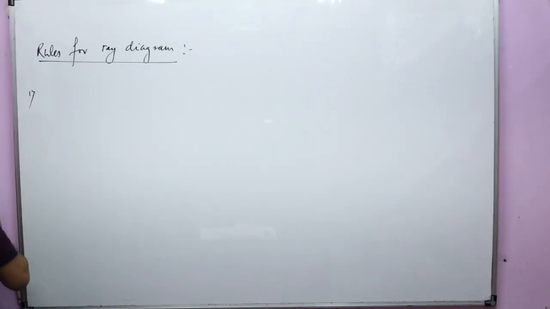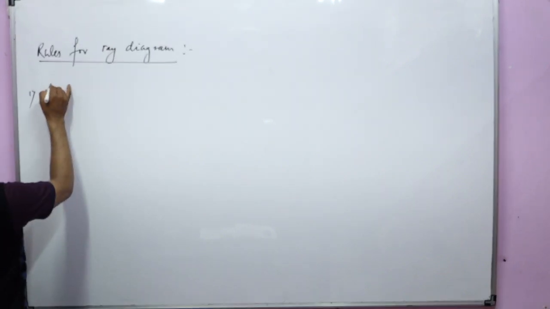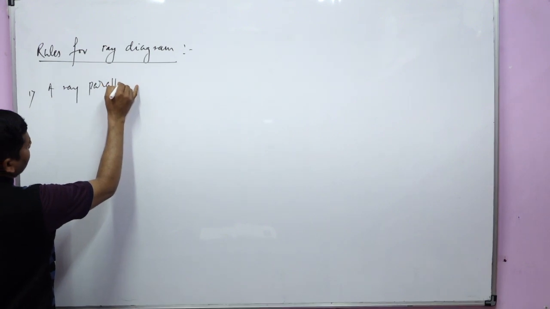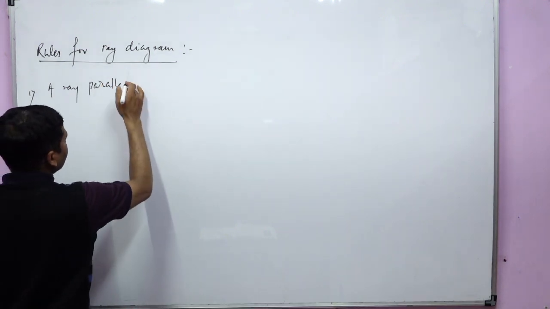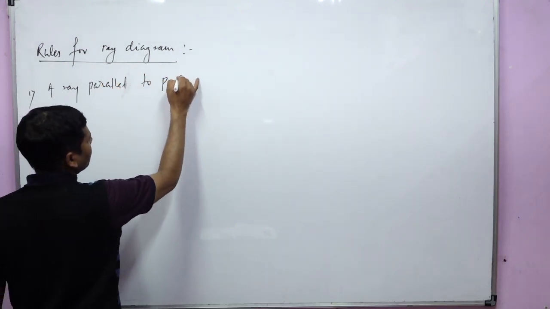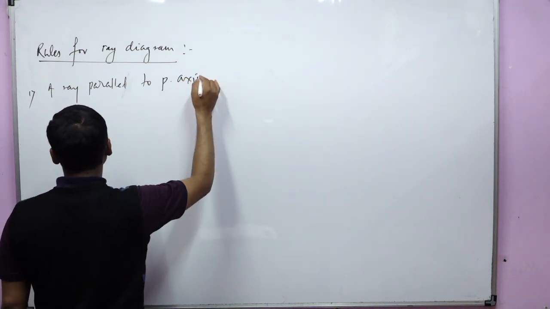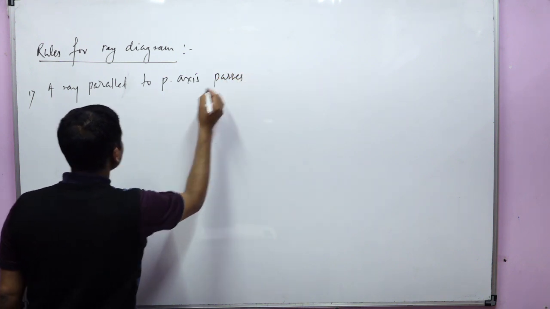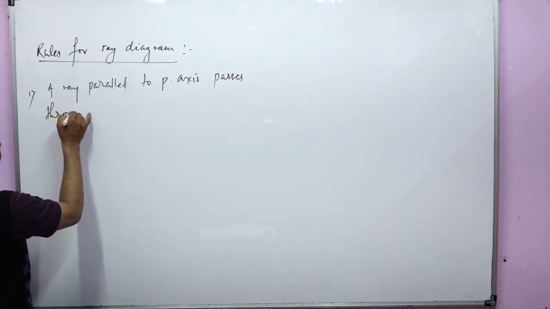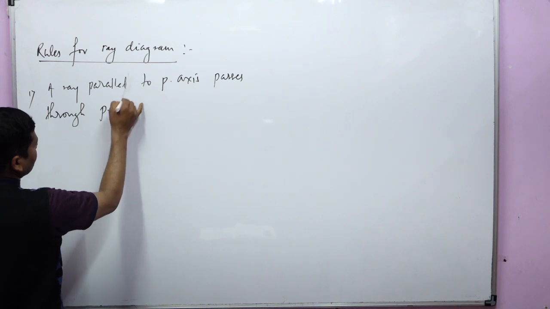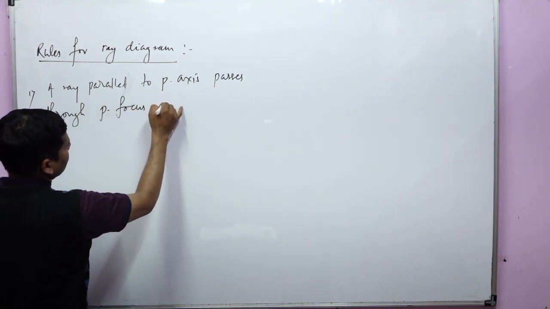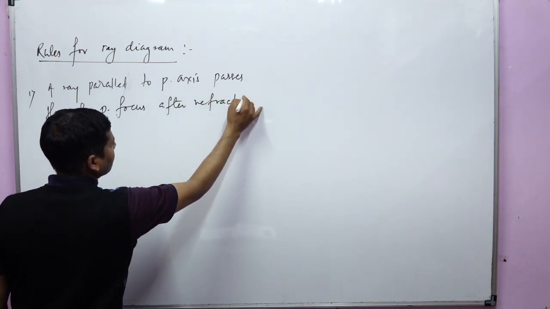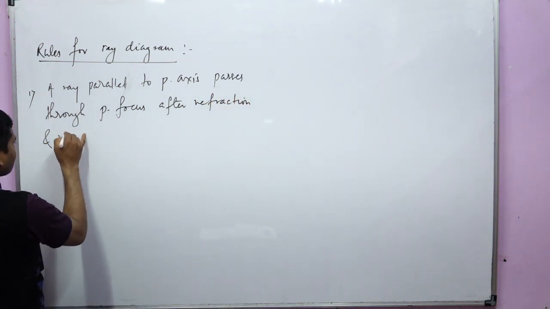First one, a ray parallel to the principal axis passes through the principal focus after refraction, and vice versa.